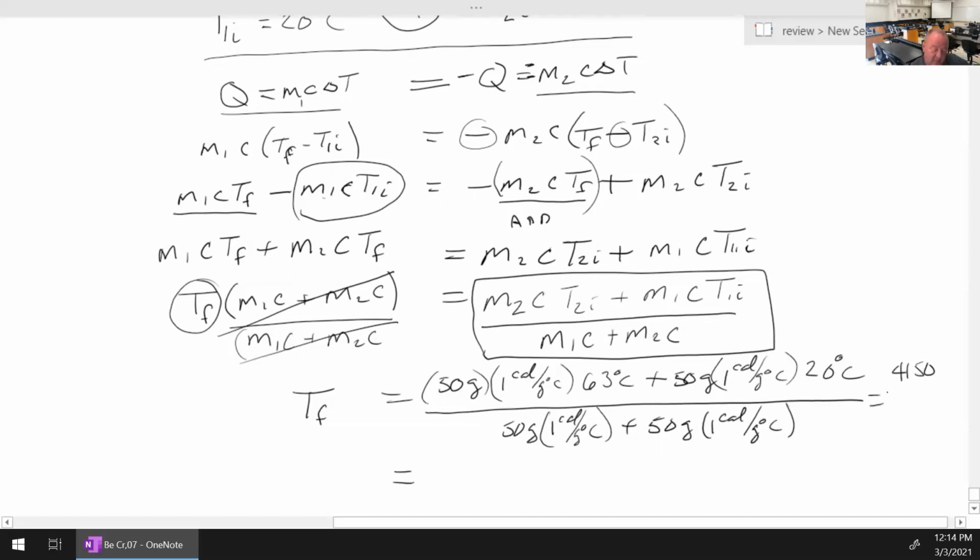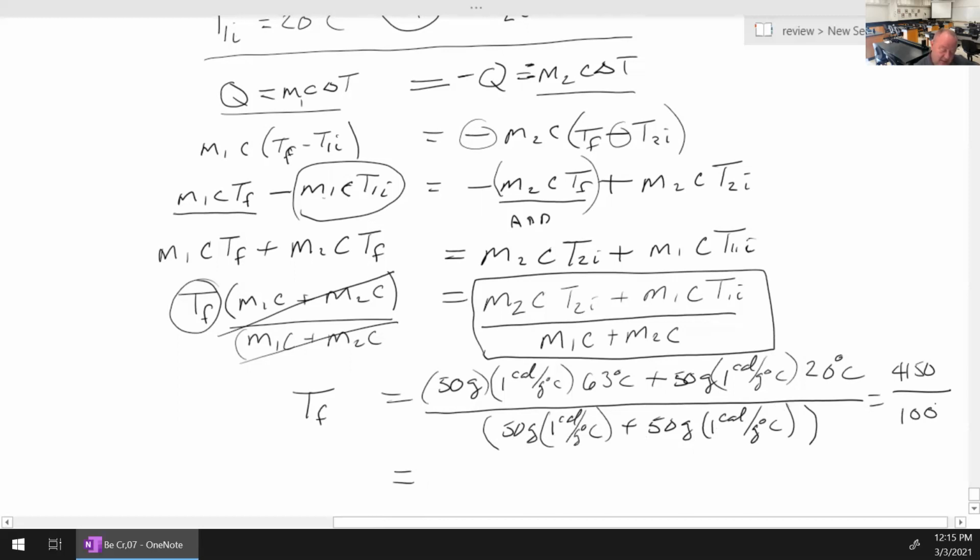I'll leave the units off for the moment. And that's 4150 divided by, and then I can do the bottom independently, or I can use the parentheses buttons on the calculator. So if I just hit equals there and I get 4150, then I would say divided by, open parentheses. I need to put the whole expression in parentheses for it to work out right. 50 times 1 plus 50 times 1, well, that's going to be 100.